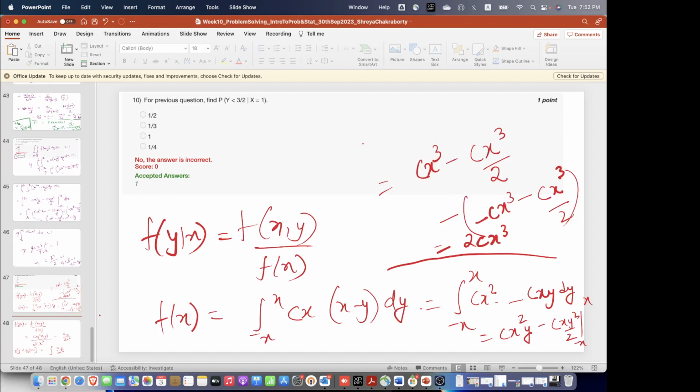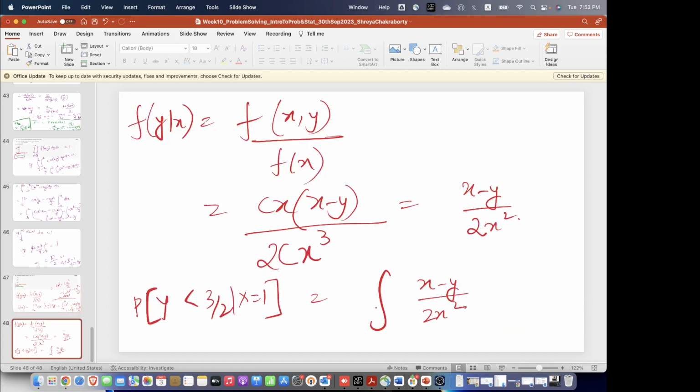So here we have to write minus x to 3 by 2, and given x is 1, we can substitute 1 over here.